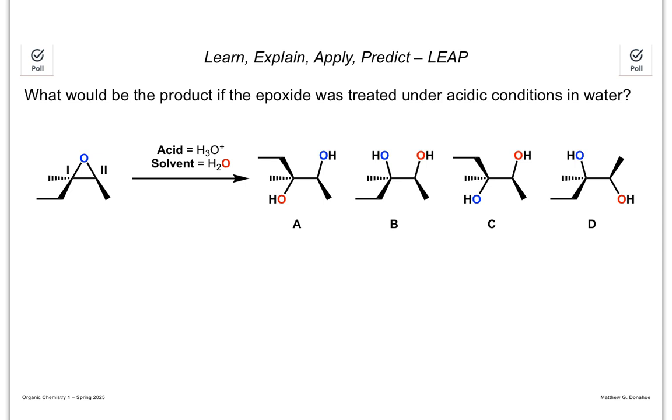So if we continue that acidic conditions on, so we have H3O plus and water, what is the major product from that? And we're going to track that with the blue and red oxygens. Because that oxygen's on the top face, we can eliminate any possible responses with the blue oxygen on the bottom, so C is out.